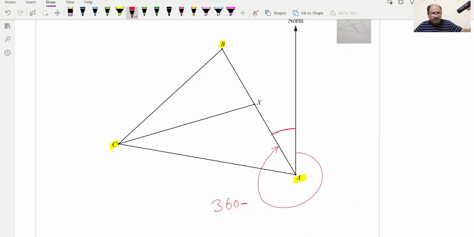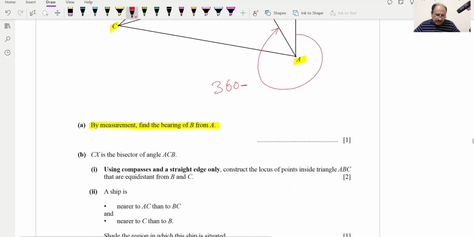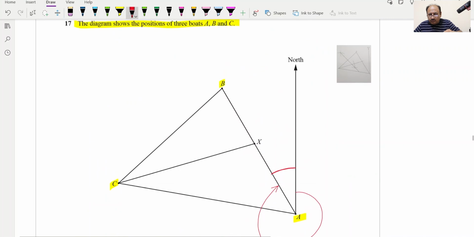Now how do we have to measure this? They are saying by measurement find the bearing of B from A. So we will keep our protector like over here. I'll tell you where I'm keeping it.